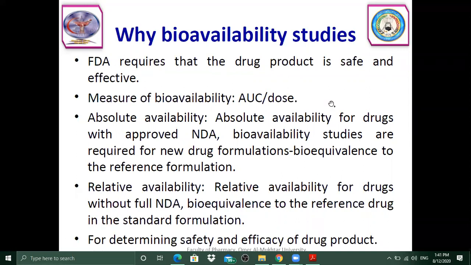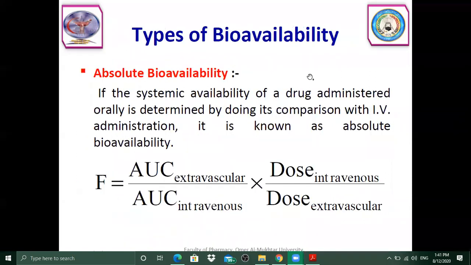So why do we do so many measures in bioavailability? To make sure that the safety and efficacy of the drug are intact. By doing whatever type of bioavailability test you want to do, you will be making sure that your drug is safe and effective to use.